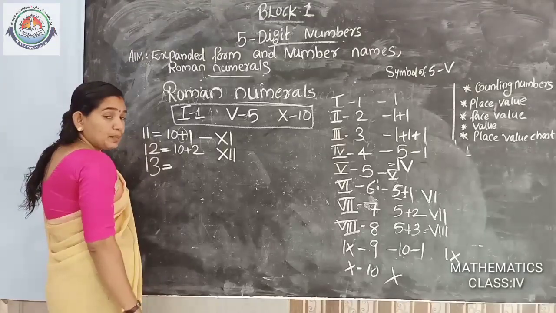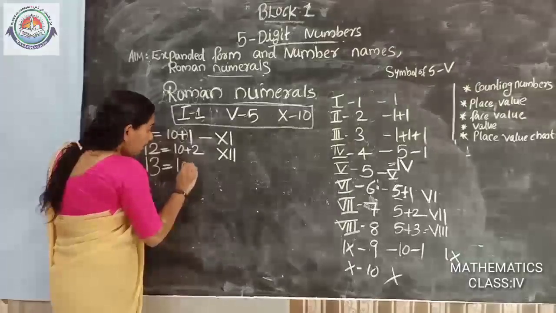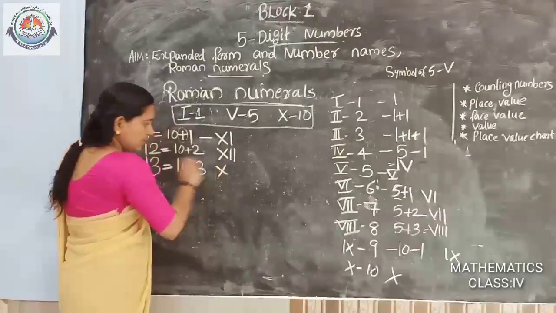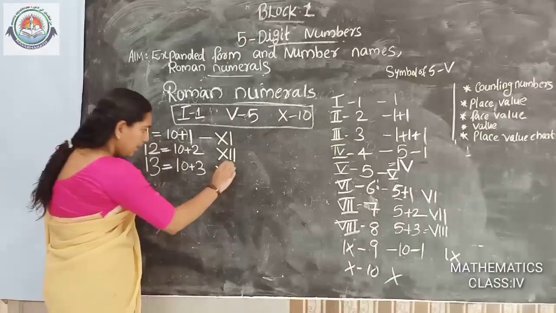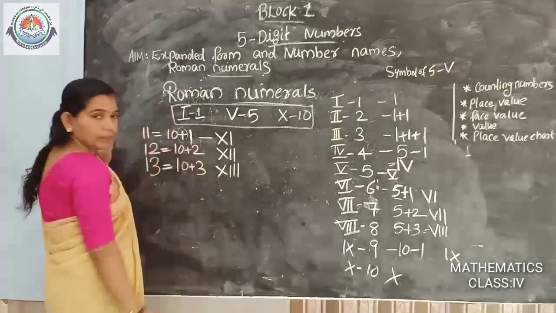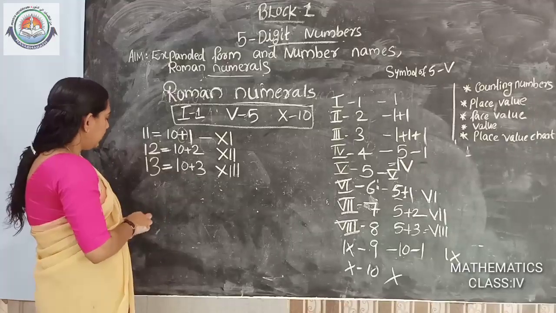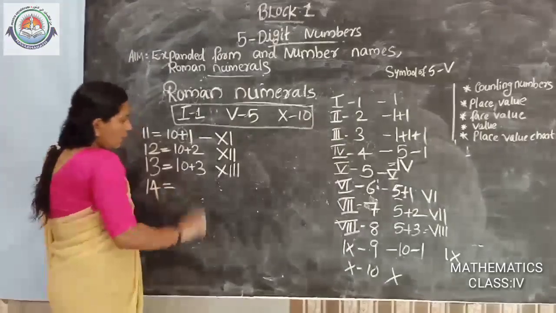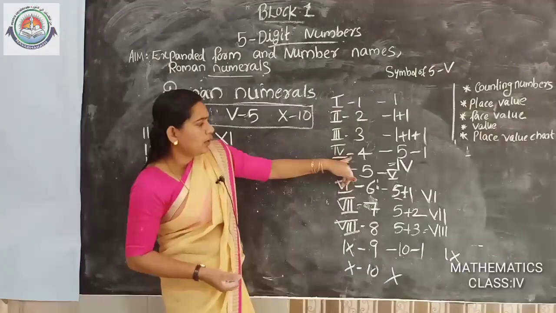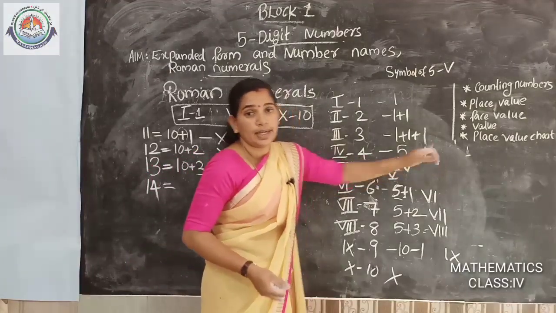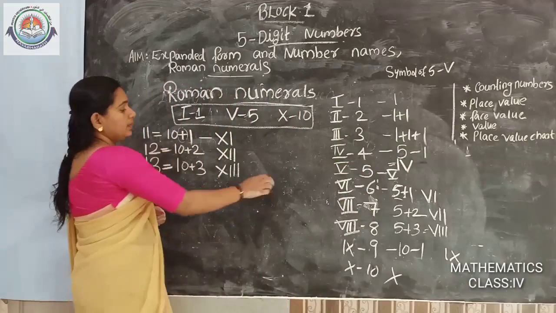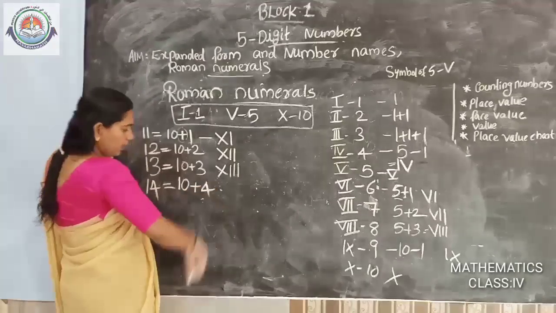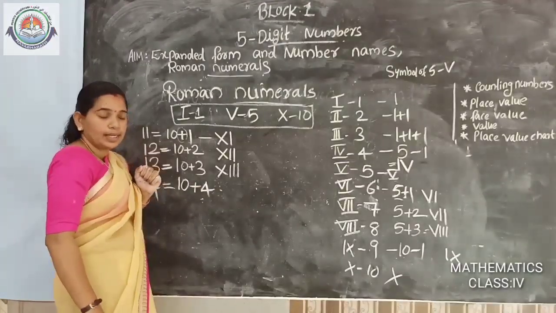13. How do you expand? 10 plus 3. What is the symbol of 10? This. And symbol of 3? Okay. Then 14. 14, look here. 4 we can write 5 minus 1. So 10 plus 4 we can write.